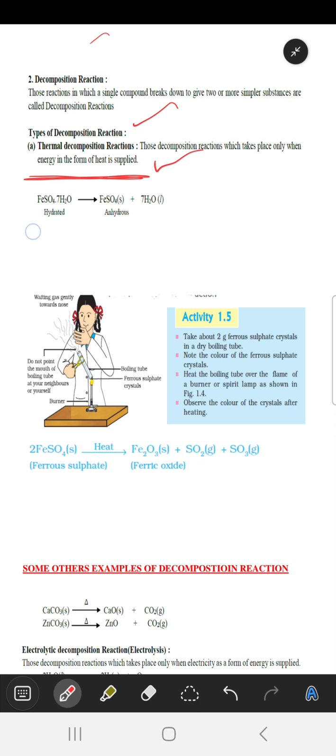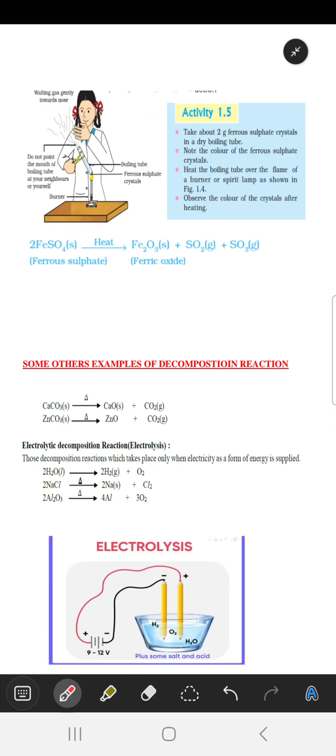For example, ferrous sulfate heptahydrate, when heated, gives ferrous sulfate anhydrous, and the 7 molecules of water are detached from the reactant. Let us take one activity to understand thermal decomposition.